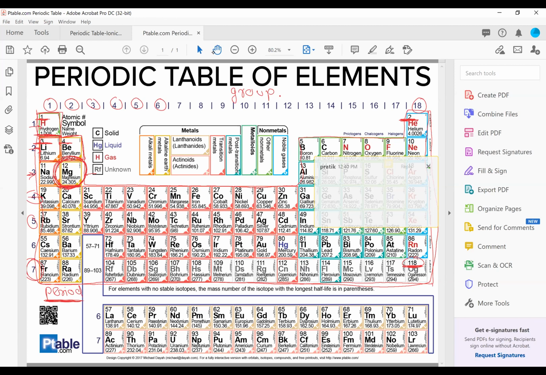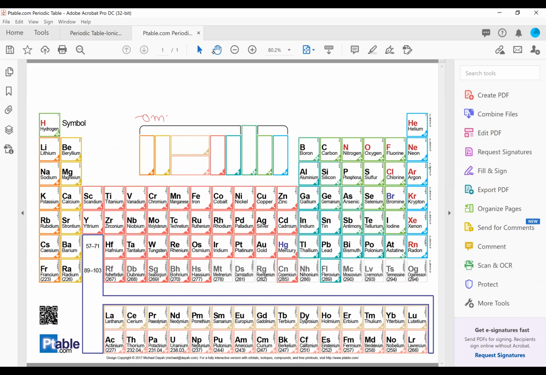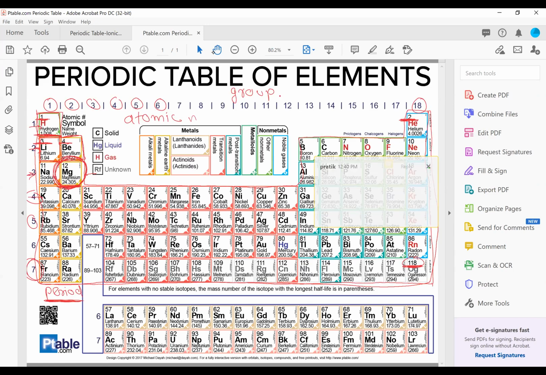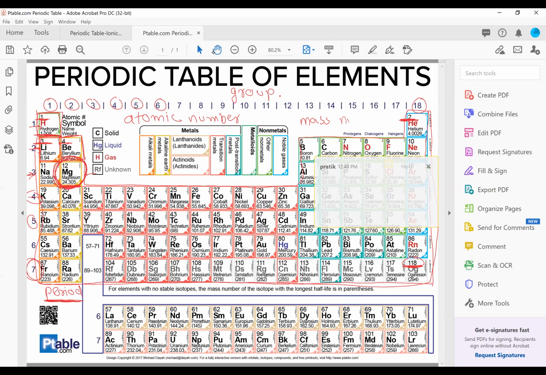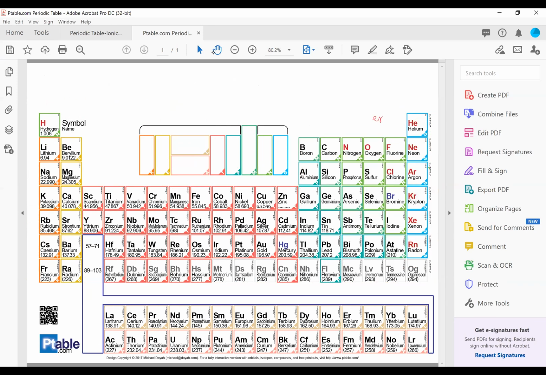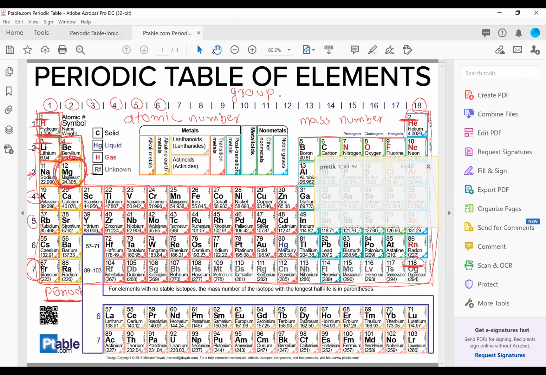So the number on the top is called the atomic number, and the number at the bottom, which has a decimal place, is called the mass number. What atomic number and mass number tell you, we can discuss tomorrow. But keep in mind the number which goes up sequentially and has no decimal point is the atomic number. The number that has a decimal point is the mass number.